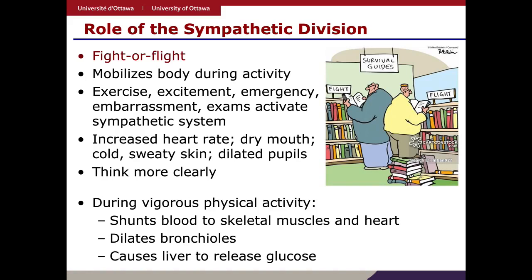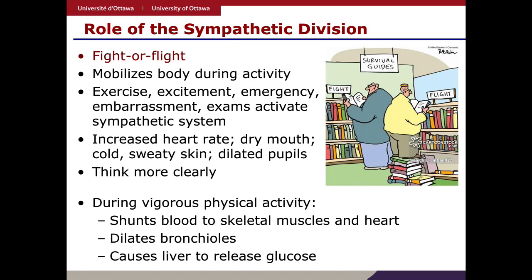The fight or flight reaction elicited by the sympathetic system is essentially a whole body response. Changes in organ and tissue function throughout the body are coordinated so that there's an increase in the delivery of well-oxygenated, nutrient-rich blood to the working skeletal muscles. Both heart rate and myocardial contractility are increased so that the heart pumps more blood per minute.